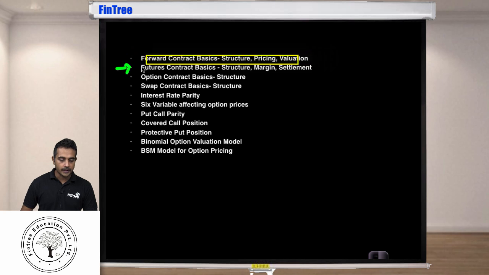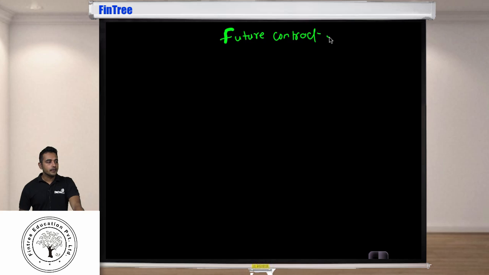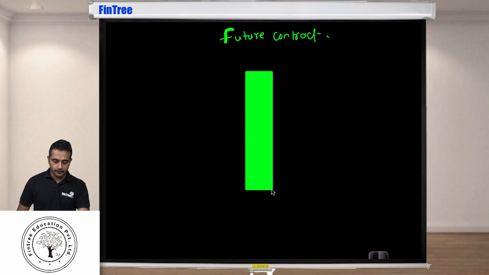Let us now start looking at the futures contract basics. So a futures contract is a more scalable, standardized version of the forward contract. The contract essentially remains the same, but it comes in a different form and structure. So what we have now in the center is an exchange.